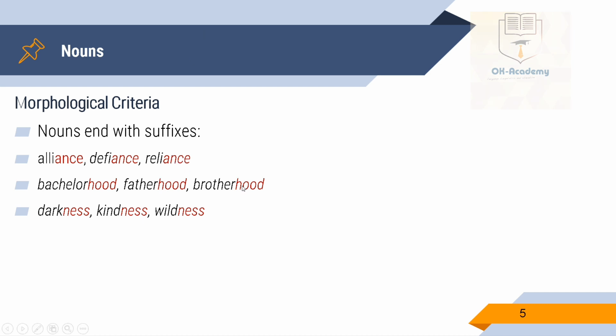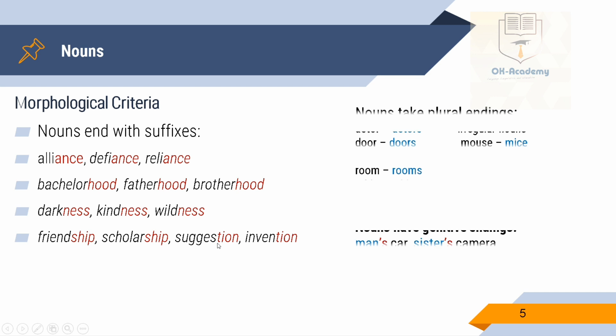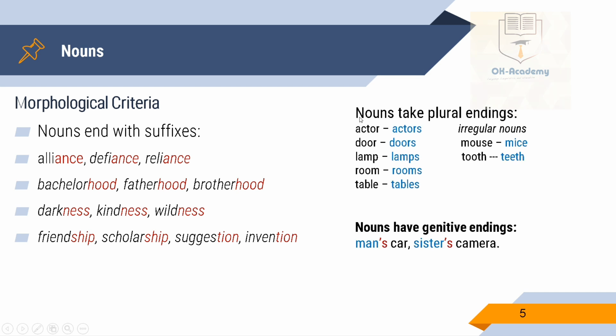These suffixes include -hood, like in brotherhood, and -ness, like in kindness, wildness, darkness, -ship, and so on. Another morphological characteristic of nouns is that nouns take plural endings.